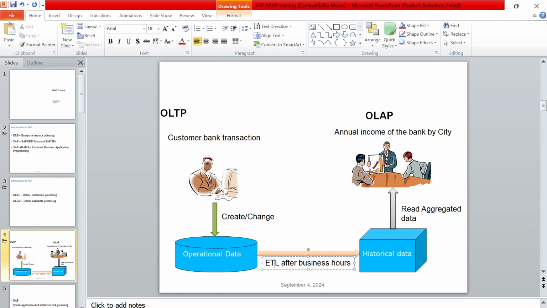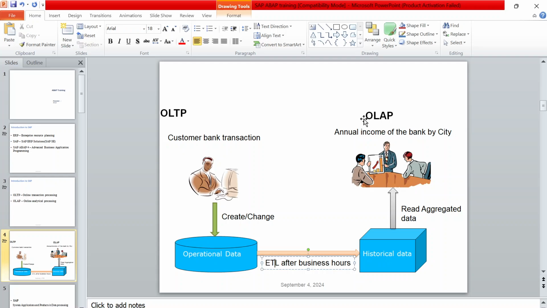We have different ETL tools available, like in SAP BW we have an ETL tool, Informatica, DataStage, right? There are different ETL tools available. The example for an SAP OLTP system is SAP ERP. ERP software is an OLTP system. What is the example for an OLAP system? SAP BW is the SAP OLAP system, right? OLTP and OLAP are not specific to SAP.